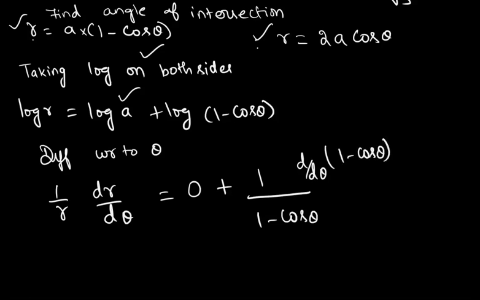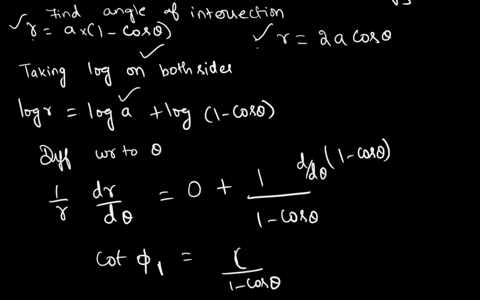Here we are taking with respect to theta. And if you notice, the left hand side is nothing but your cot phi. Since we have two curves, first curve, let me write it as cot phi 1. Denominator is 1 by 1 minus cos theta.